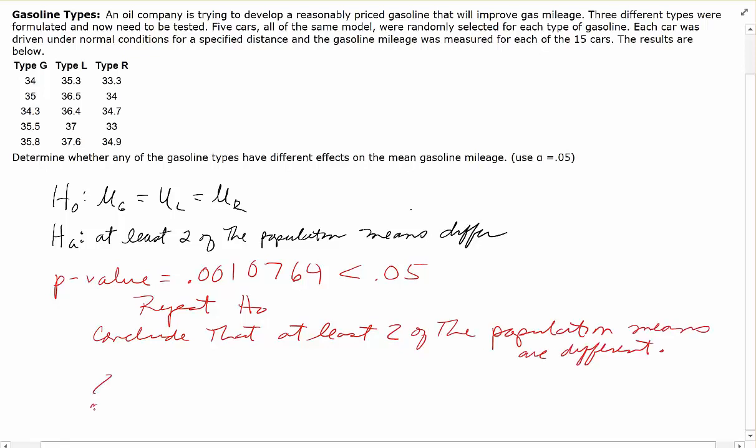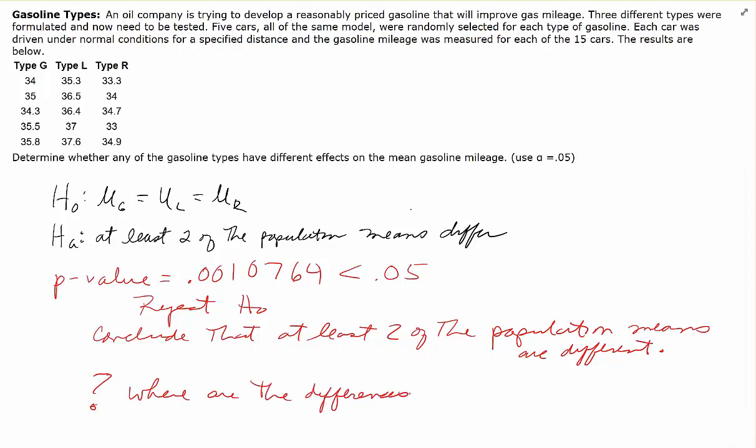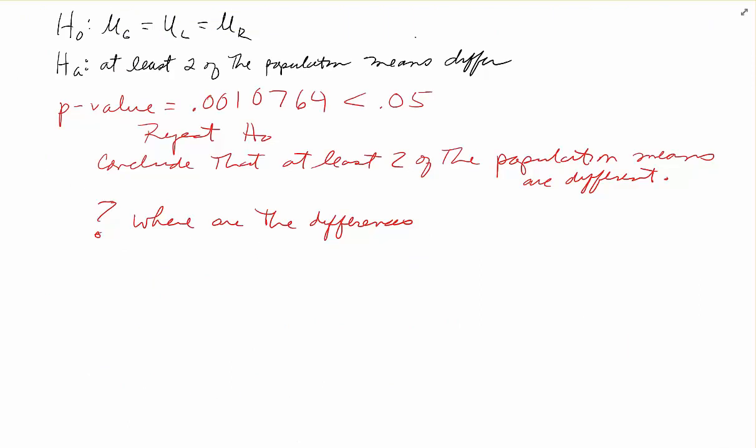Now the question is, where are the differences? This is where we start to make pairwise comparisons. With 3 populations, the number of pairwise comparisons or combinations that we're going to have to make is C, and that formula was K times K minus 1 divided by 2.